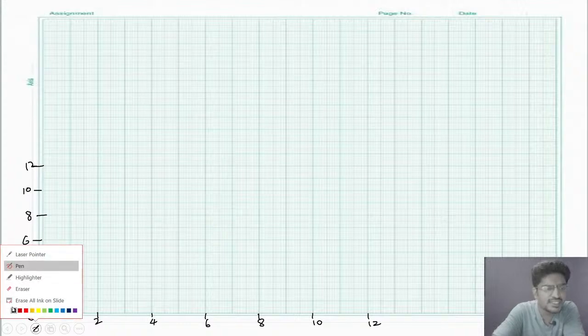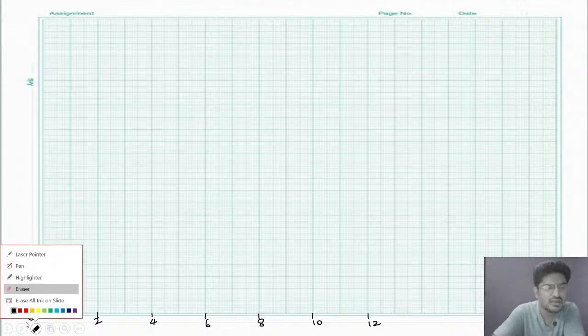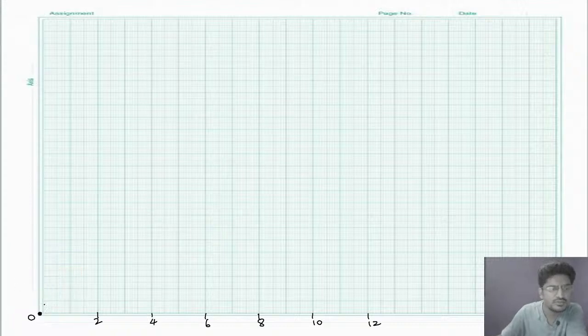So for the y-axis, I will change the terms. You see the values for the y-axis again. Here this is 2, this is 4, this is 6, 8, 10, and here this will be 12.